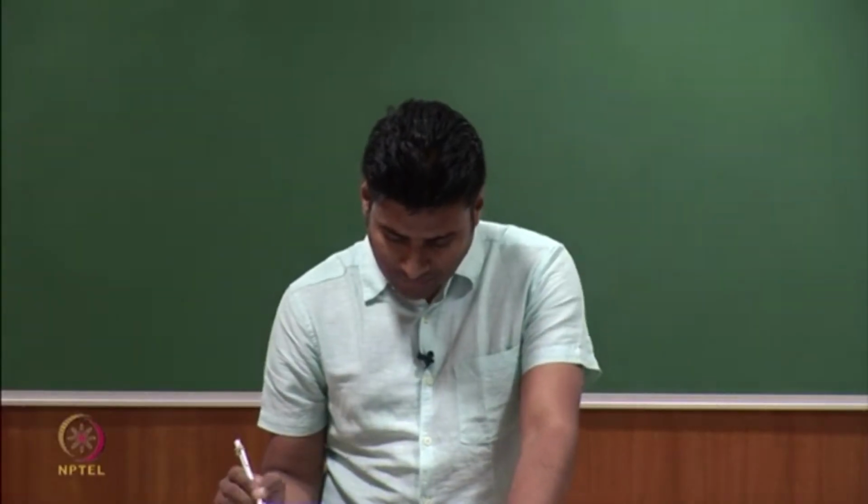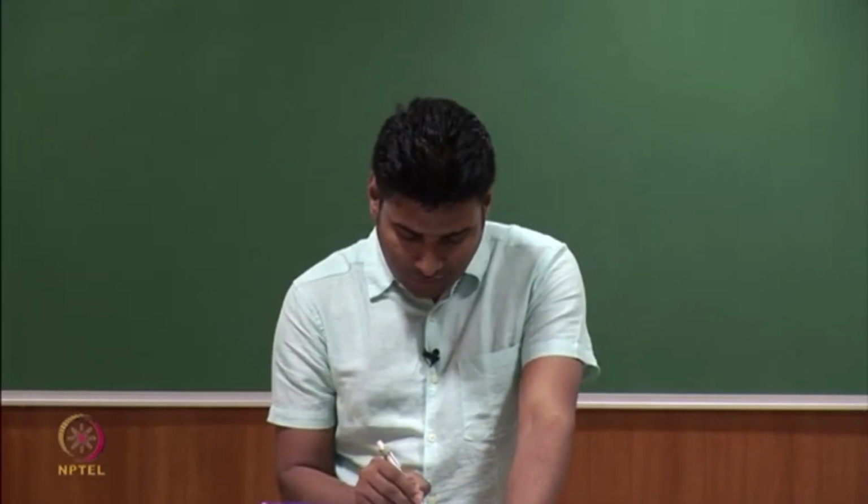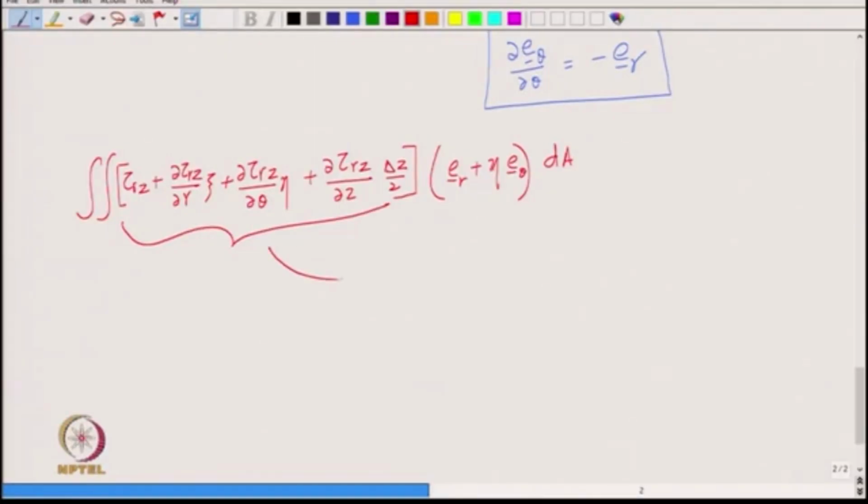So, when I work out this whole thing multiplied by only E r, that is going to give me tau rz into area of the z face plus del tau rz over del z times the volume of the cylindrical element divided by 2.